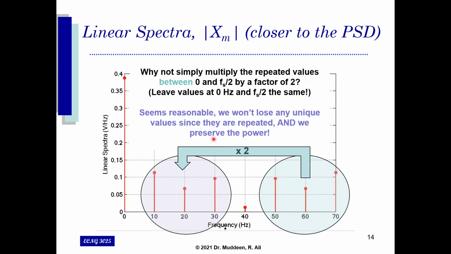That means we still preserve the power of the signal entirely, because this here being Fs divided by 2, the 30 Hz and the 50 Hz are the same magnitudes and basically the same frequency content, if you want to call them the first or second or third sidebands. So these are basically maintained accordingly when you're doing the absolute values here for calculating the power of the signal.